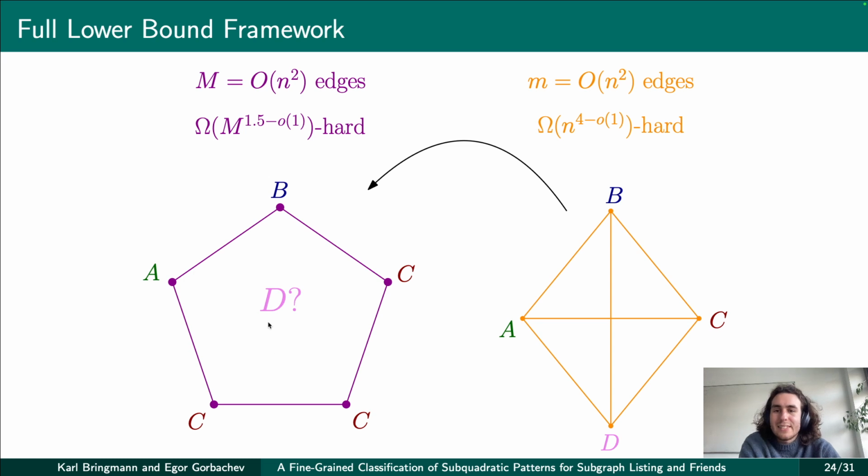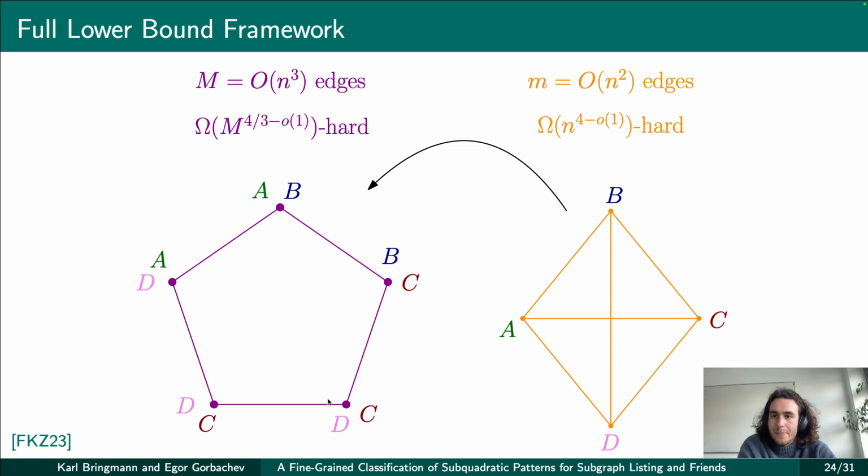We should embed the part D somewhere where it would be connected to all A, B, and C, which is not possible for a cycle. But if we allow to put more than one letter per vertex, it becomes possible. It means that now a single vertex of the graph on the left corresponds to a pair of vertices from 2 different parts of the graph on the right. For example, a vertex A and B are embedded here.